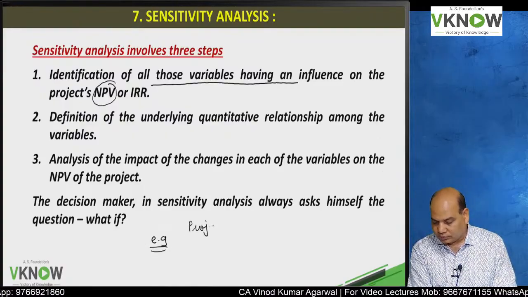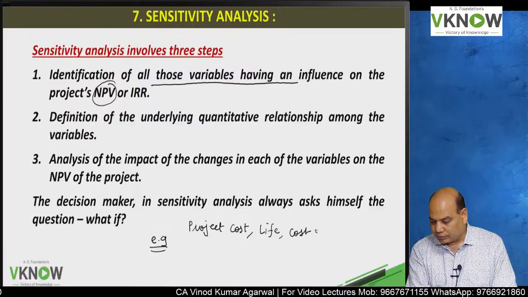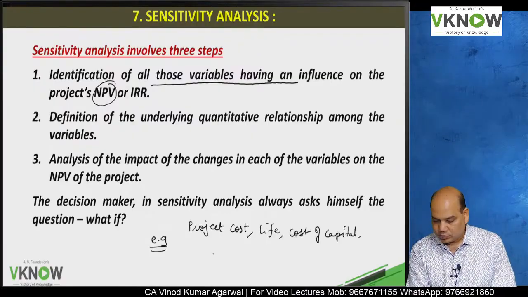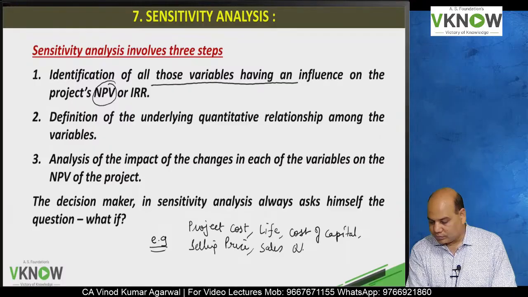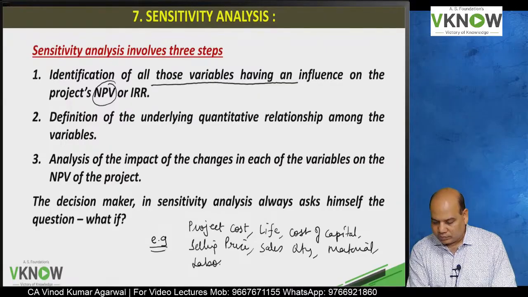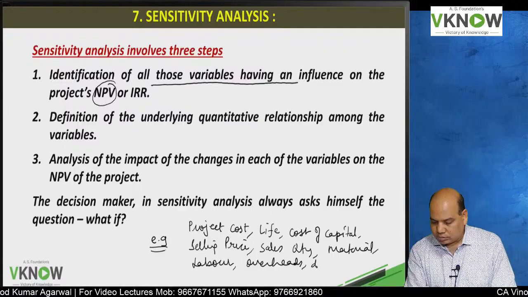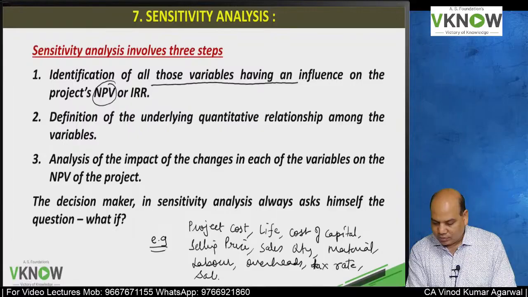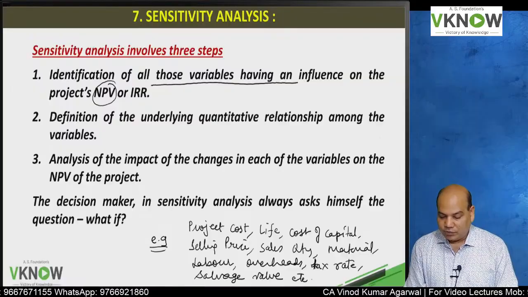One is the project cost, then life of the project, cost of capital, selling price per unit, sales quantity, material cost, labor cost, overheads, then tax rate, salvage value, etc. I have made a small list of those factors which can affect the NPV of the project.